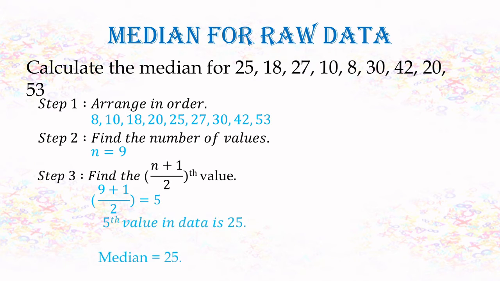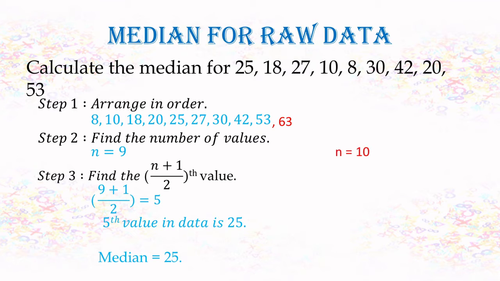Say I have another value here, to check the case when we have an even number of values in our data. We will take another value at the end of this data, say 63. Now what happened? We have got an even number of values in the data, meaning we have 10 different values. n is equal to 10.